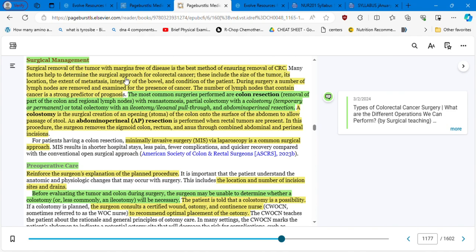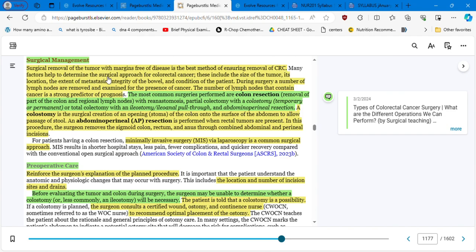So they are going to remove the tumors, some lymph nodes around that may be having the condition, and also some tissue around that is healthy, that does not have any disease.